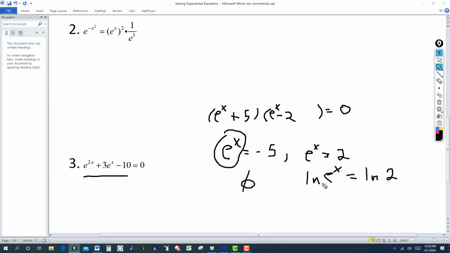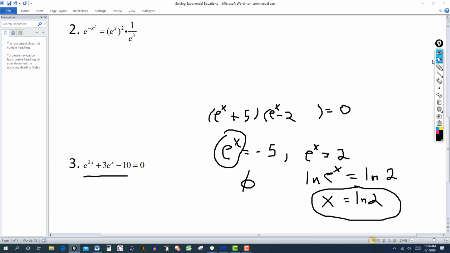And just from the basic idea of logarithms, because the base of the natural log is e, if you know your basic properties of logarithms, you know that the left side is just x. And the right side is just natural log of 2. So this is the answer. This is the exact answer.